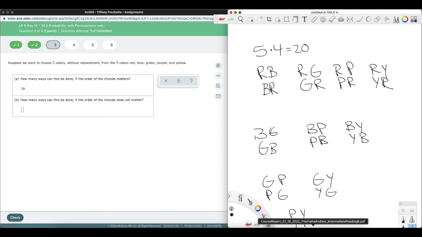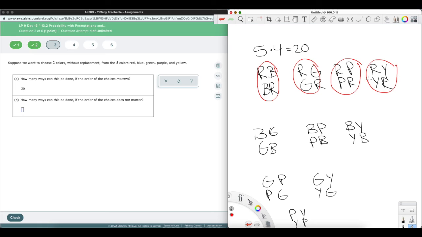I know I wrote those kind of spread out as I went down, but again, RB and BR, those are the same thing. So I'd only want one of those. I'm kind of crossing it out, but here, instead of crossing it out, I'll circle it. So that's 1, 2, 3, 4, 5, 6, 7, 8, 9, 10.